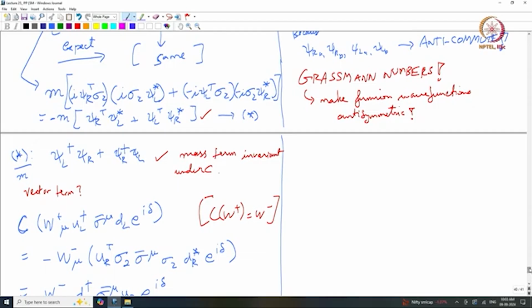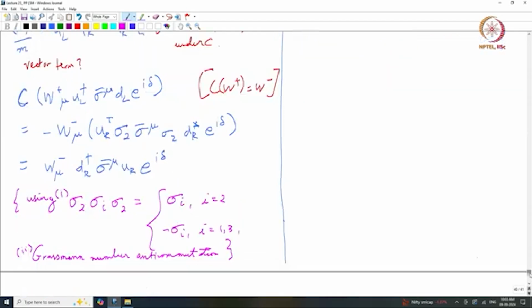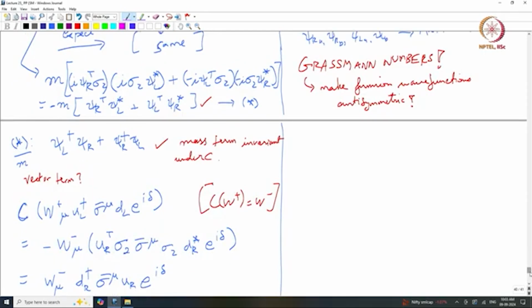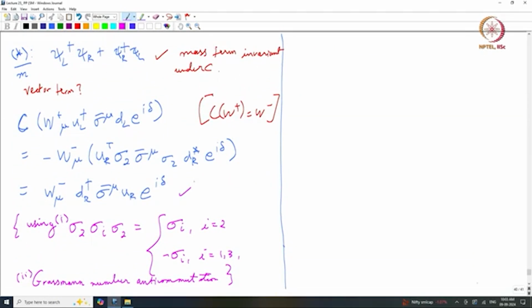Now, I was talking about CP, right. So, why don't I apply P also to this? Because I want to actually check the CP properties of this. Okay, I am going to take this object and apply parity to it, alright, and see what happens to that object.